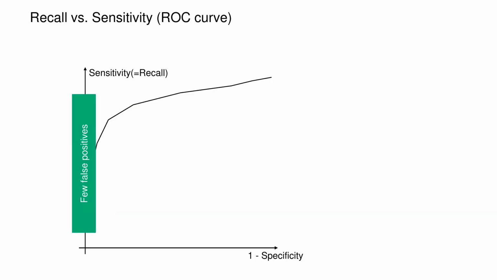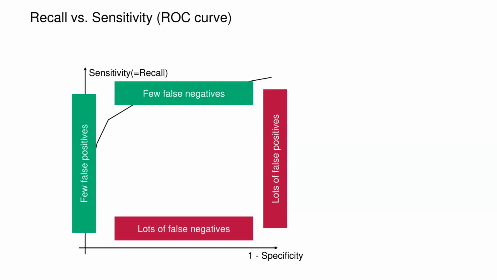Here, if you're here, you would have very few false positives. That's basically where you have very high specificity. You're very good at not returning irrelevant documents, so few false positives. And here you have a lot of false positives. So if you put it all together, few false positives, few false negatives, this is where you want to be. Lots of false negatives, lots of false positives, this is where you do not want to be.